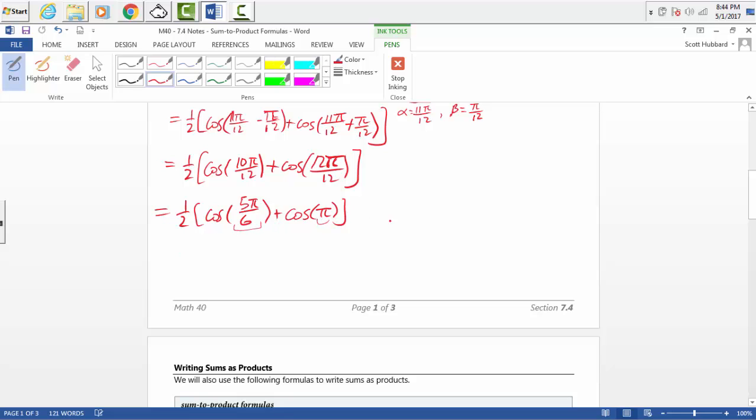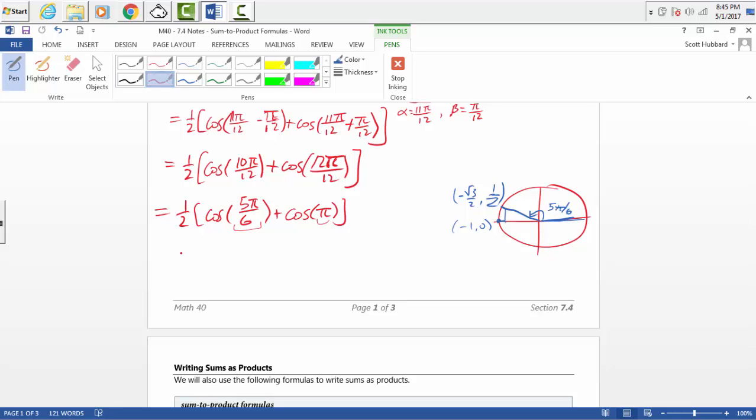5 pi over 6 and pi are on the unit circle, angles that we know. 5 pi over 6 is over here, and the x is bigger, so it's negative root 3 over 2. Cosine is negative over here. And pi is negative 1 comma 0.